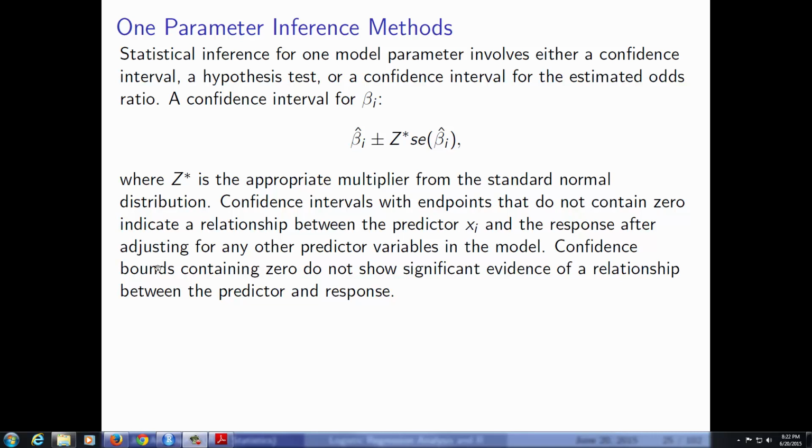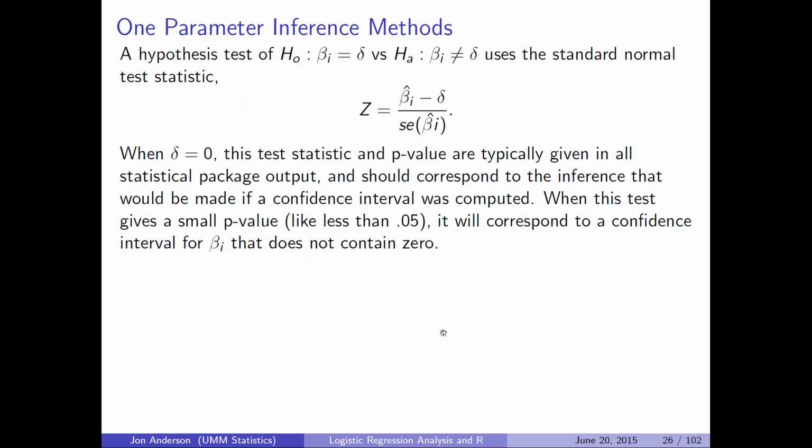If the confidence boundaries contain 0, you would not be able to say that there was a significant effect on risk. You can also do testing of the coefficients. Are coefficients significantly different than a particular value? And of course, small p-values would mean that the underlying value of the parameter was significantly different than delta, usually delta 0.